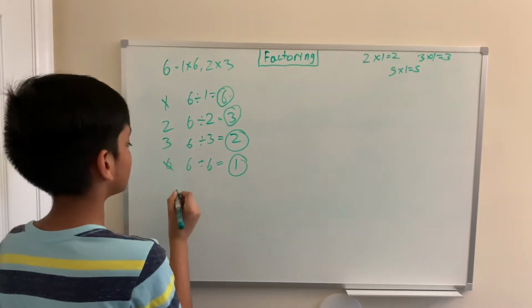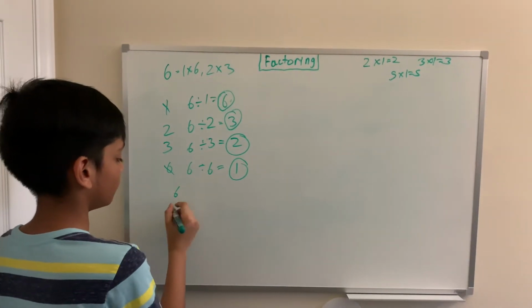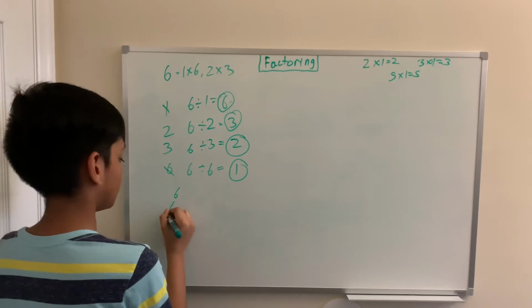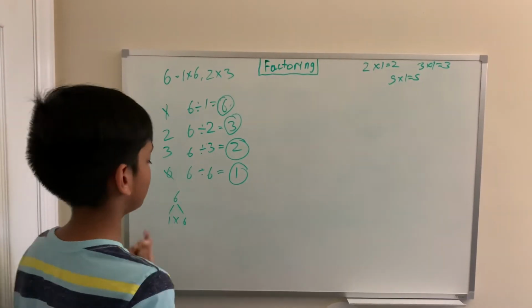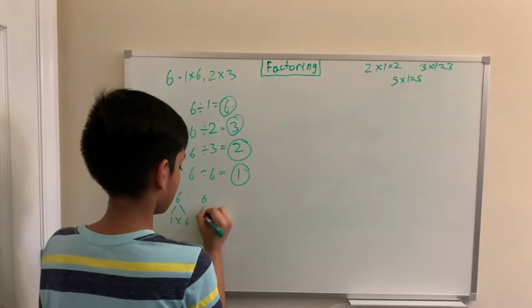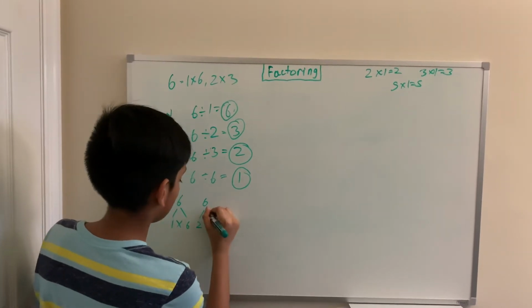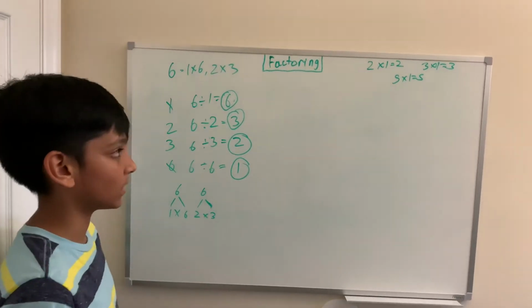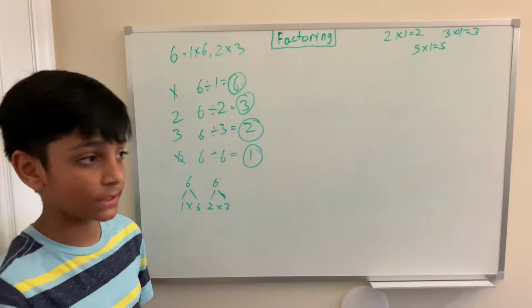It would just mean putting 6 down and then branching it out to the 2 factoring expressions. There's 1 and then 6. That's a tree. And then you could also do 6 and then 2 times 3. 1 times 6 and 2 times 3, they both work. So we're going to be using that method to do our prime factoring.